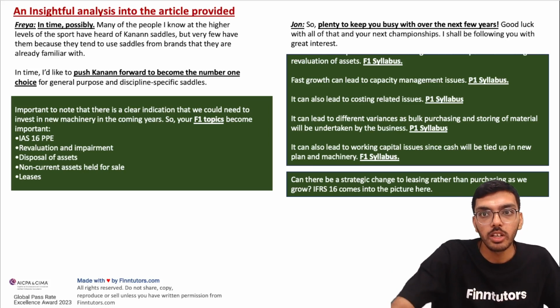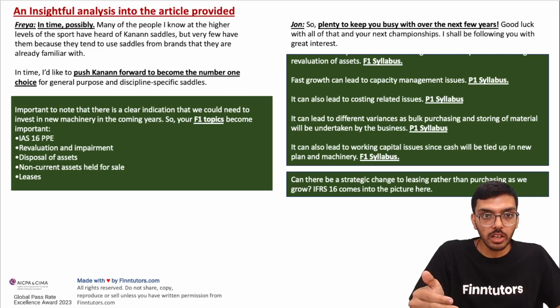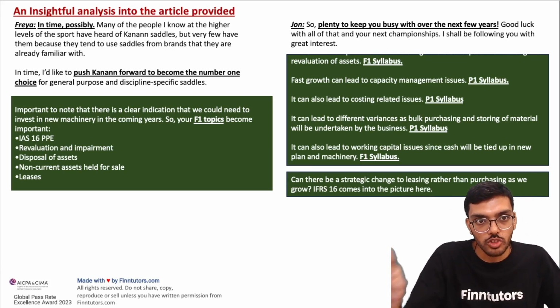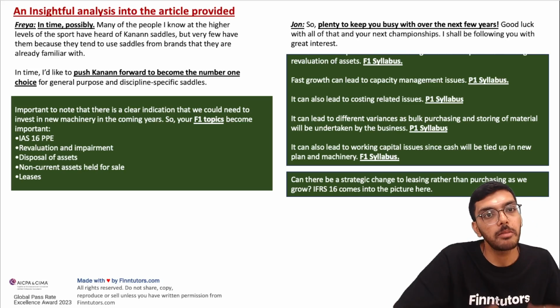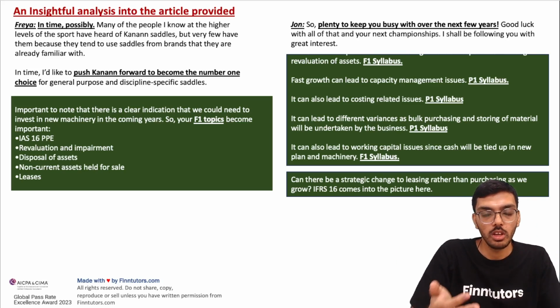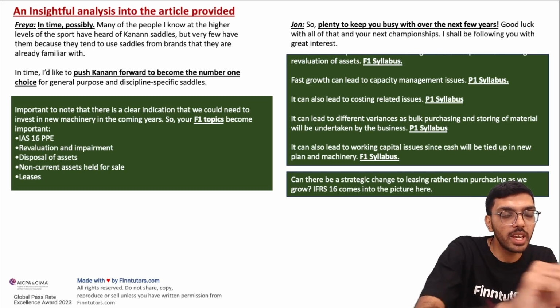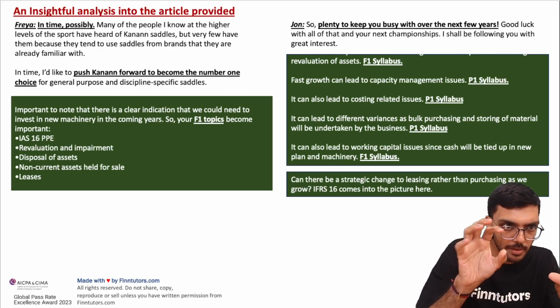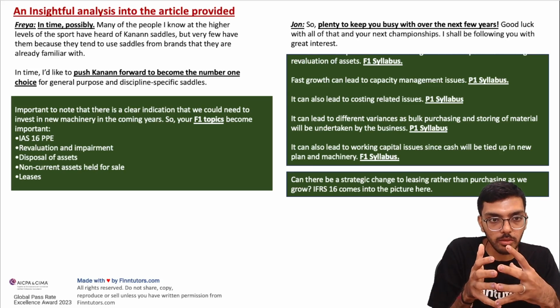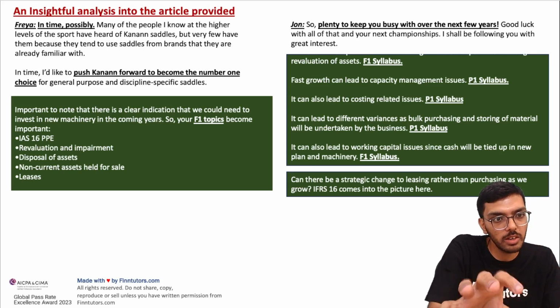So over here, John is the interviewer, and Freya is the person who is answering the questions. I've taken some shots from that interview which I feel are important, and we are going to discuss them.